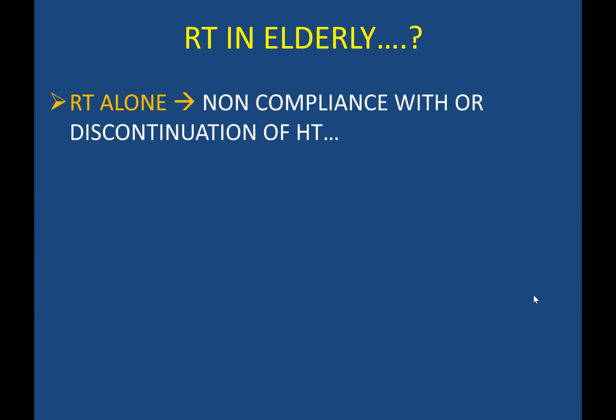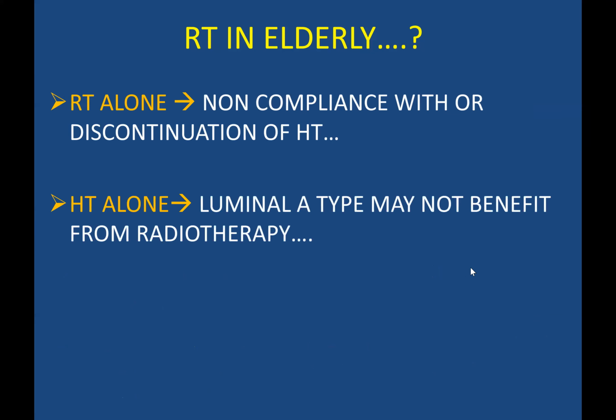So as far as radiotherapy in the elderly is concerned, non-compliance with or discontinuation of hormone therapy is the only situation where you can consider radiotherapy alone. And for hormone therapy alone, that is the luminal A, which is the only subtype more than the age of 70, may not benefit from radiotherapy.